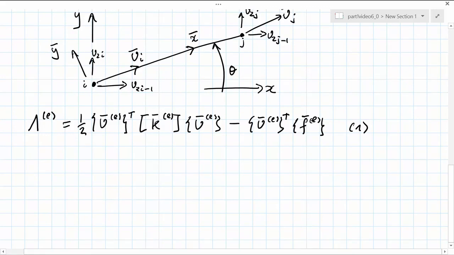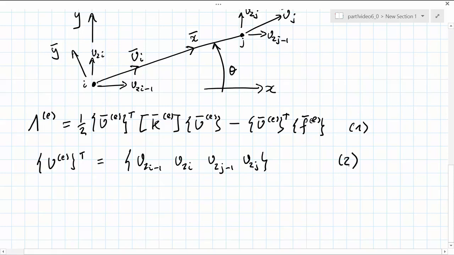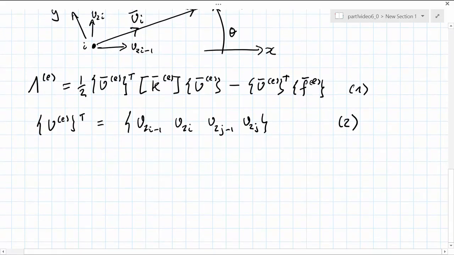The displacement vector for the truss element in the global coordinate system is given by UE transpose equal to U2I minus 1, U2I, U2J minus 1, U2J. We need now to relate UE in the global system to U bar E in the local element coordinate system, and this is done through what's called the transformation matrix.